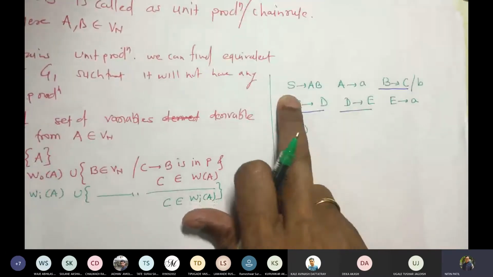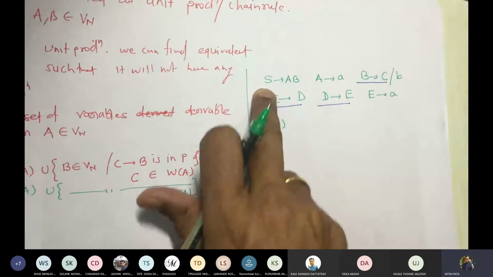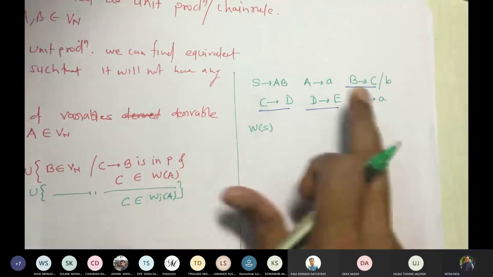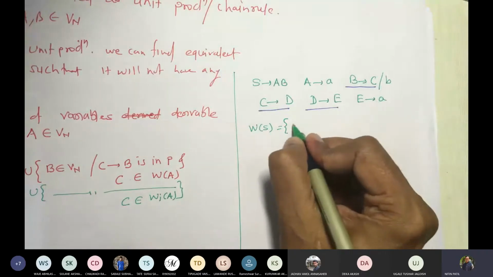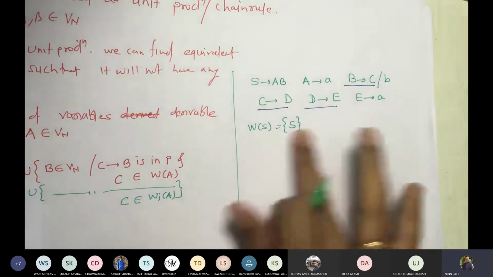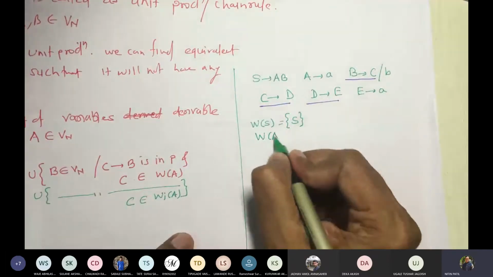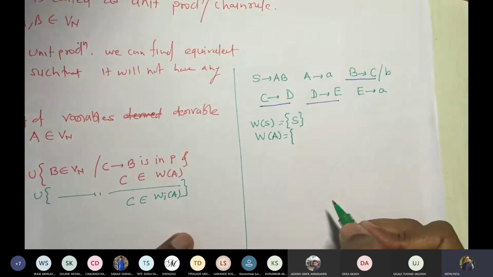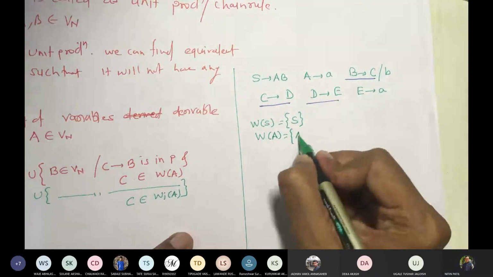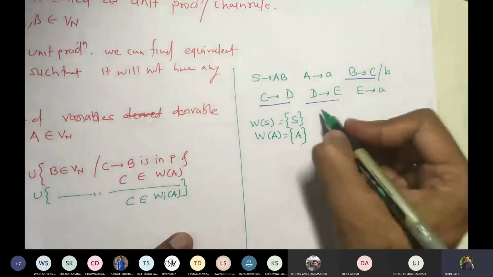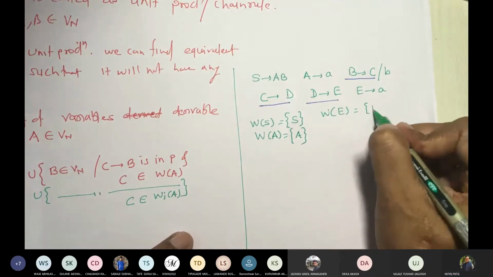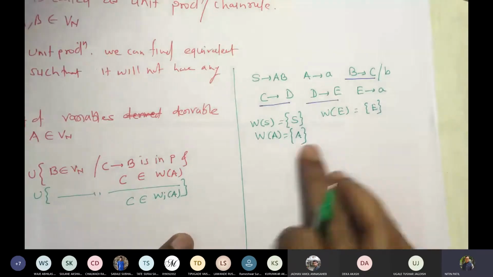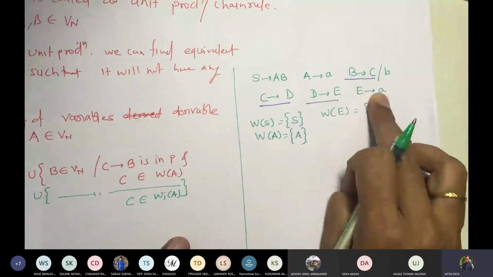Do we see any production where S is giving only one variable in this given grammar? No. So we will stop here, and we will not compute W like this. Now W of A. Do we see any unit production for A? No. So we will stop here. Do we see any unit production for E? We will stop here because there is no unit production for these three. E gives a variable is not available.